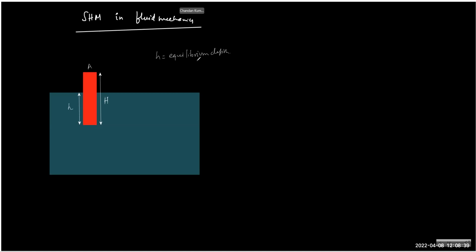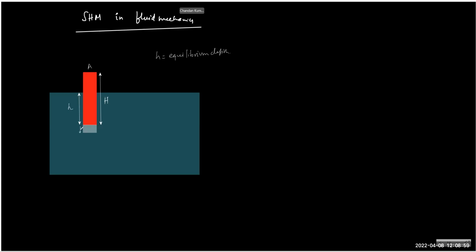So if I dip further, what will happen? The moment you slightly dip further, which force will grow in value? The buoyant force will grow in value, isn't it?